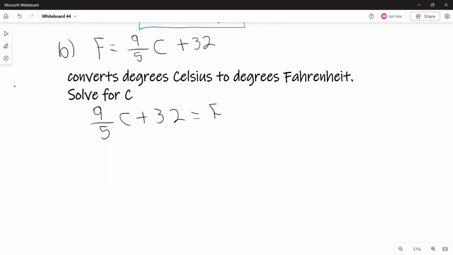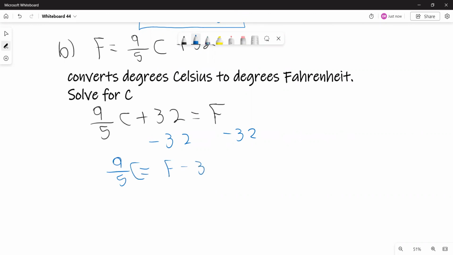If we're going to isolate C on one side, we need to first isolate the expression with C. We can do that by subtracting 32. And next, we can multiply both sides by the reciprocal of 9/5.